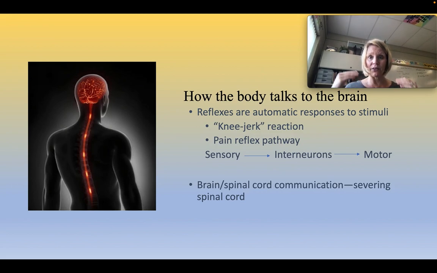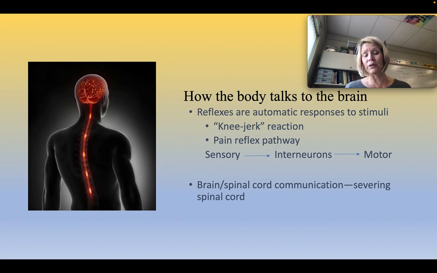And so the point of where your spinal cord injury is depends on where you can feel those sensations, those nerves in your body, like in your extremities. If you have a lower spinal cord injury, you can feel everything from that point up on your body. But if you have a high spinal cord injury, everything from that point down, you can't feel it. It's a lack of sensation.